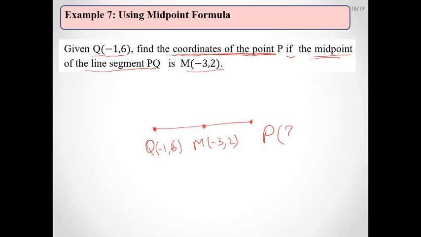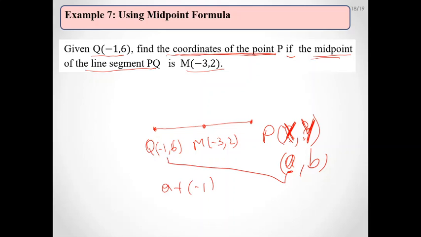Okay, this is the question here. You can try to assign unknown variables. You can say this is X and this is Y, or A, B, whatever. Say this is A. The midpoint formula gives A plus minus 1 over 2 equal to the x coordinate of the midpoint.